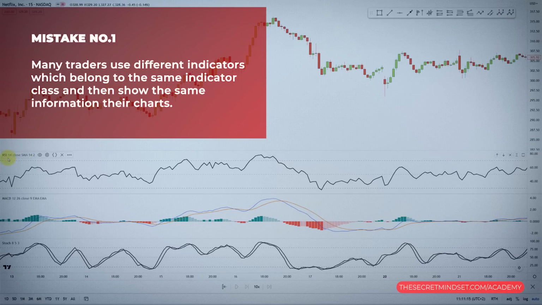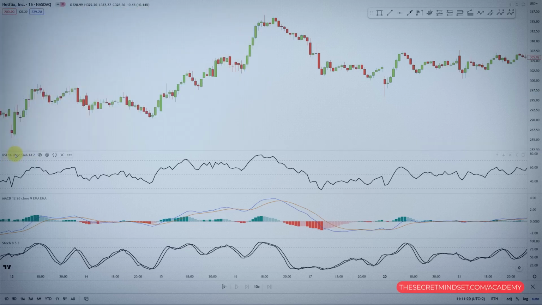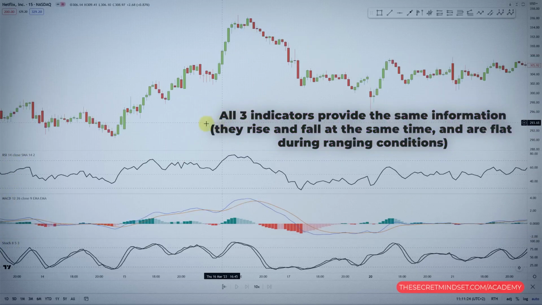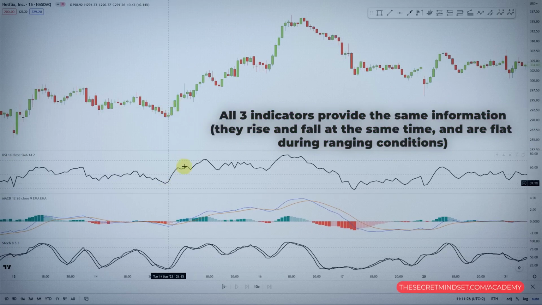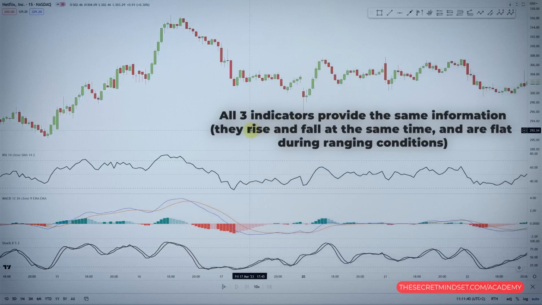If you take a look at this example, I've added 3 momentum indicators. MACD, RSI, and stochastic. Essentially, all three indicators provide the same information because they examine momentum in price behavior. You can see that all indicators rise and fall at the same time, turn together, and are also flat during no momentum periods.